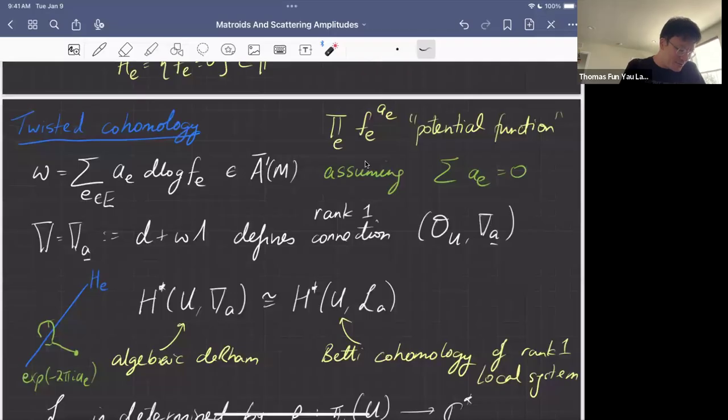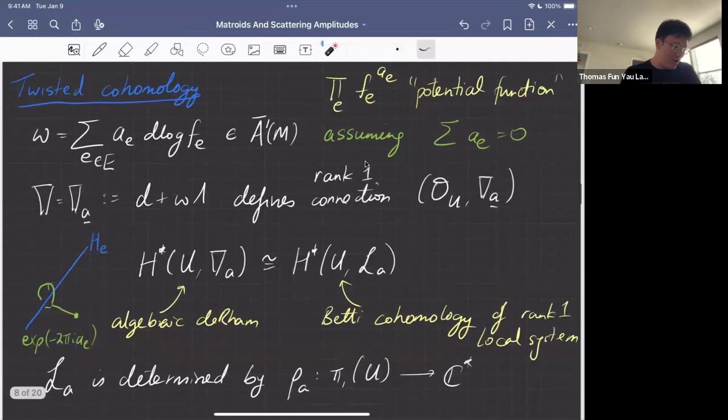You can describe this cohomology group as a singular cohomology group with coefficients in a rank 1 local system. And rank 1 local systems on this space U are determined up to isomorphism by a representation of pi 1. I take pi 1 of the space and map into GL, and since it's rank 1, into GL1.